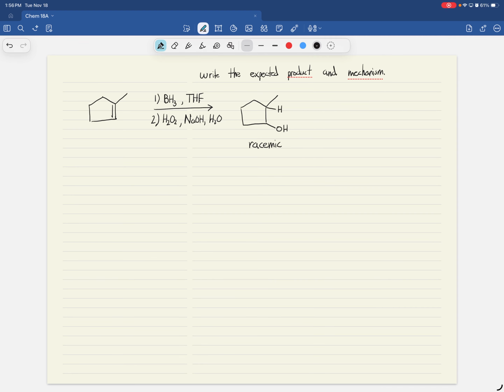So this is the final product, okay? After everything's been done. All right, so that's what I'm looking for. And it will help you to predict the product if you draw the mechanism, okay? So I won't reproduce the mechanism, but it's very similar to the one I showed you. You do the formation of this, so you eventually get this, right?